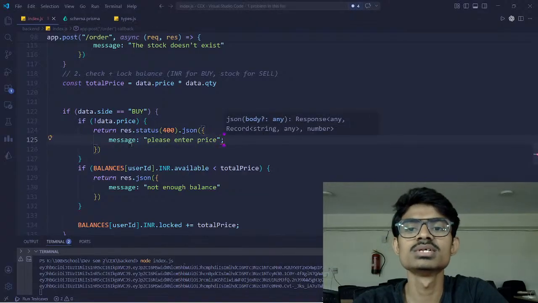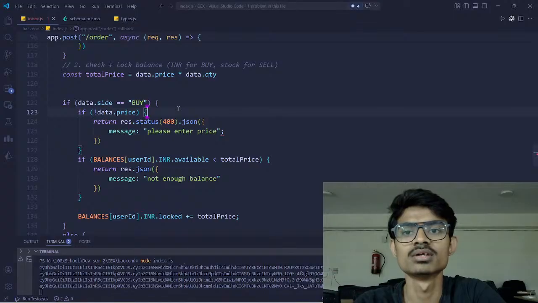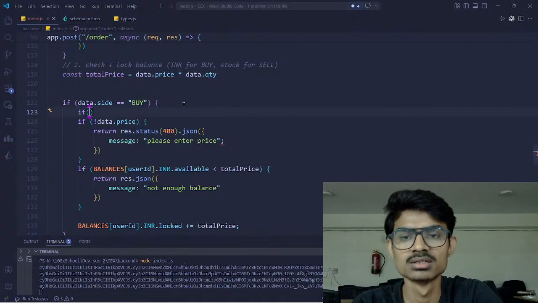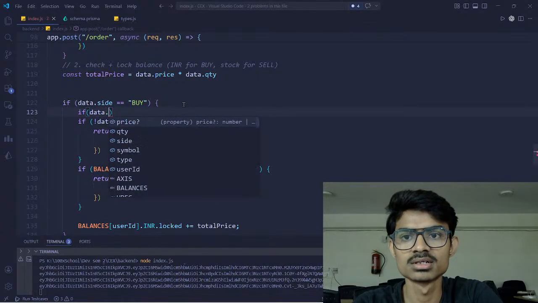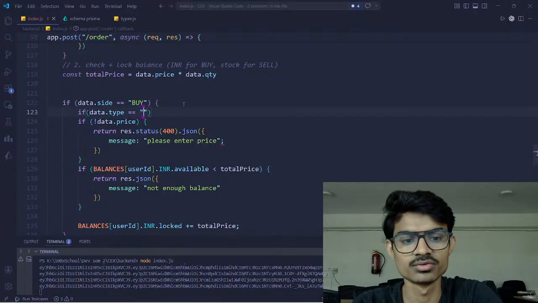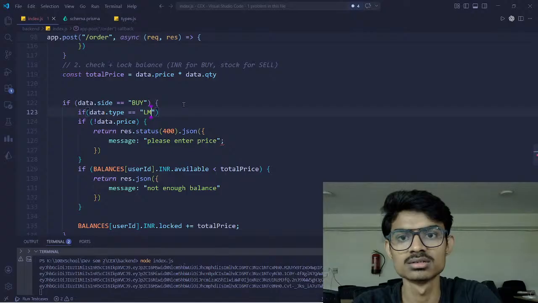Right, this is only in the case of limit order. If the data.type is a limit order, right? Limit order.